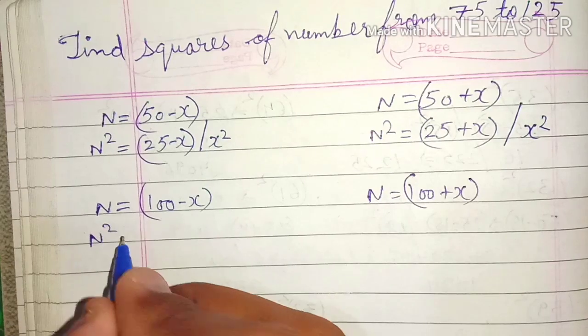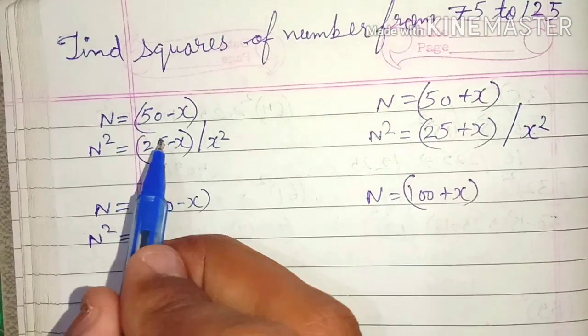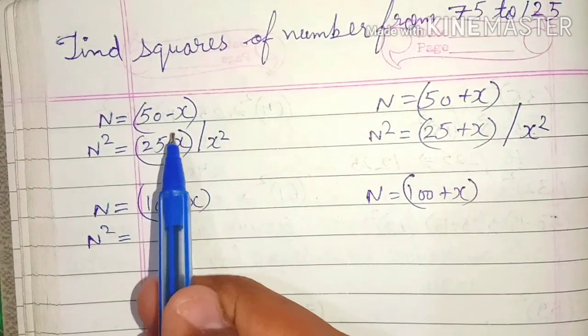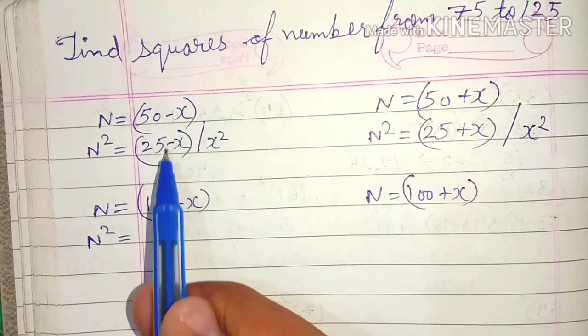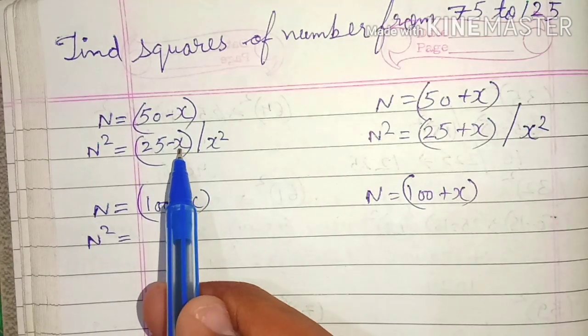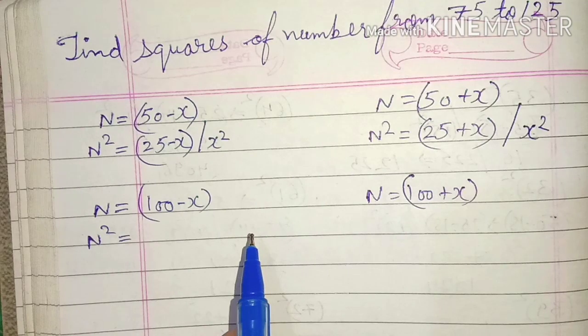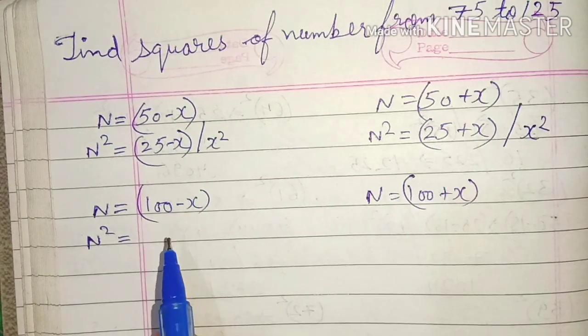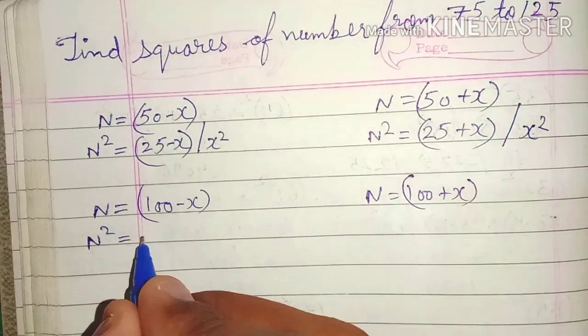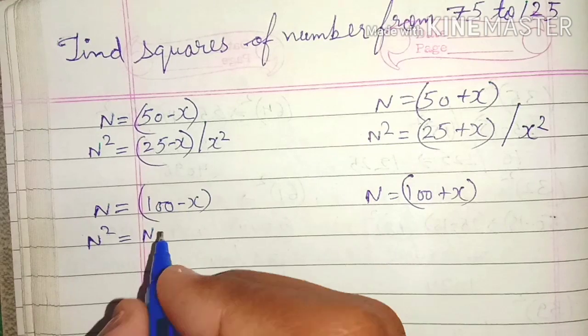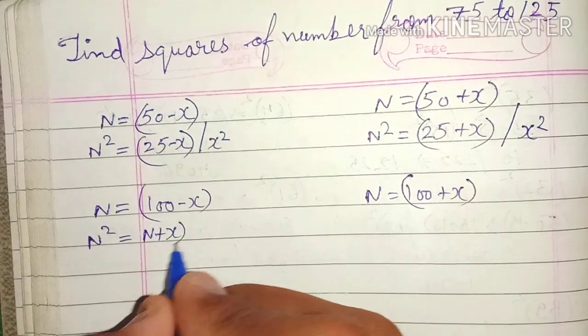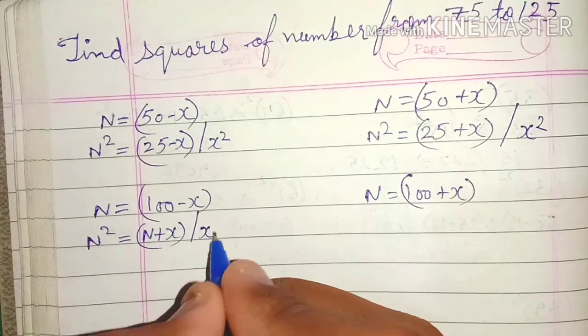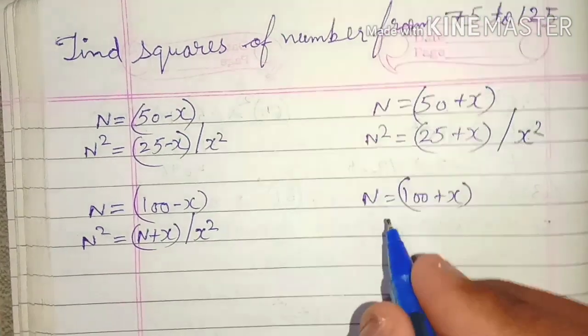To find the square, as in the last class, where the number was less than 50 we subtracted. Today we will subtract the difference from the number, as our formula for today is n plus x on one side and square of x on the other.